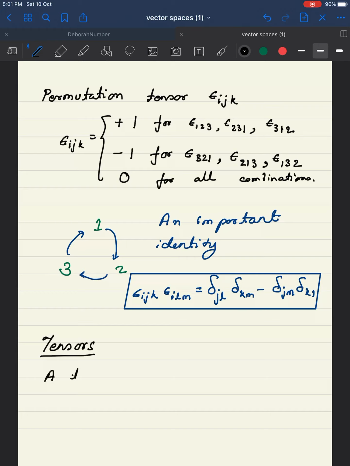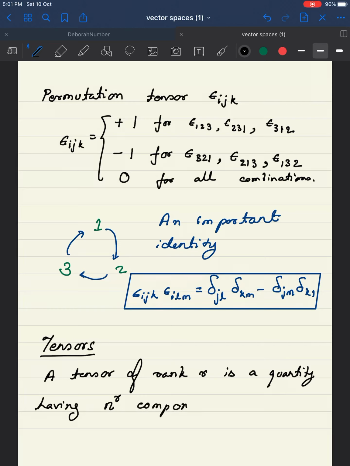So, a tensor of rank r is a quantity having n to the power r components in n dimensional space.